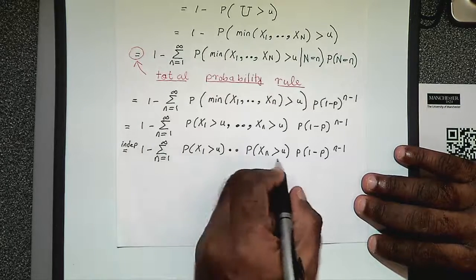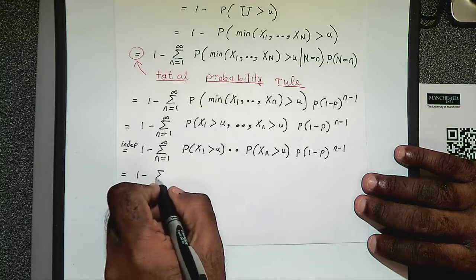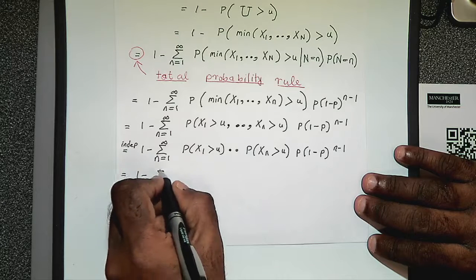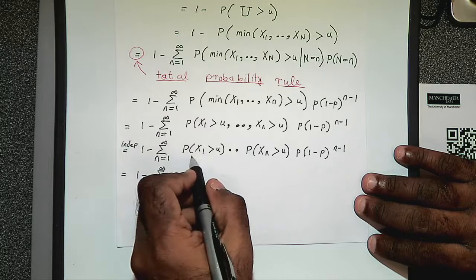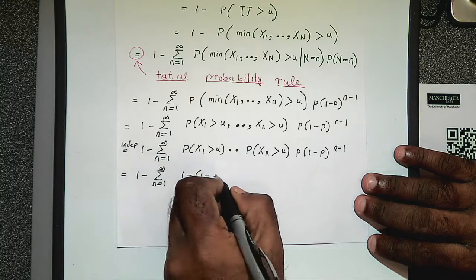Now each of these we know from the previous example that this guy here is 1 minus e to the minus au.